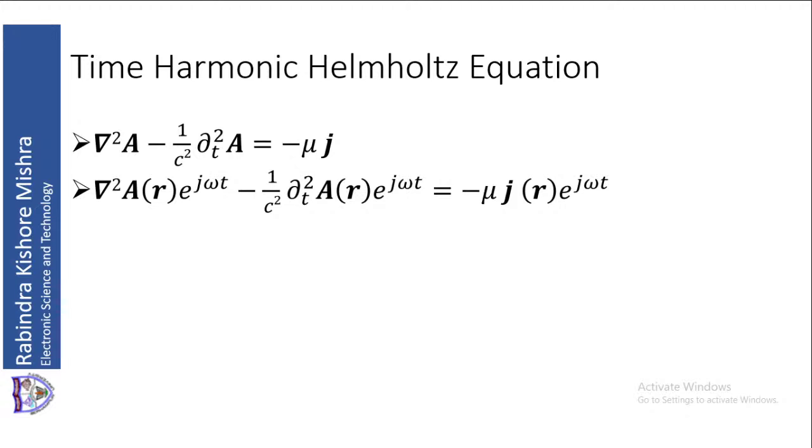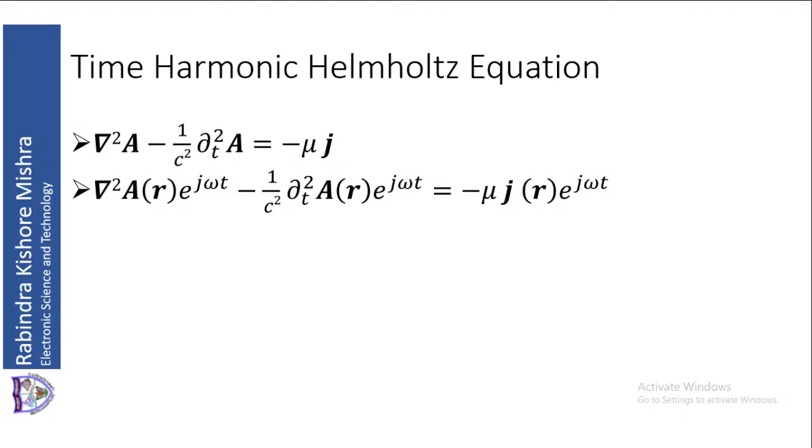So the original Helmholtz equation, which is operating on both time and space, now becomes del square A(r) exponential j omega t minus 1 by c square, dou t square A(r) exponential j omega t, is equal to minus mu into J, and J is now a spatiotemporal function.